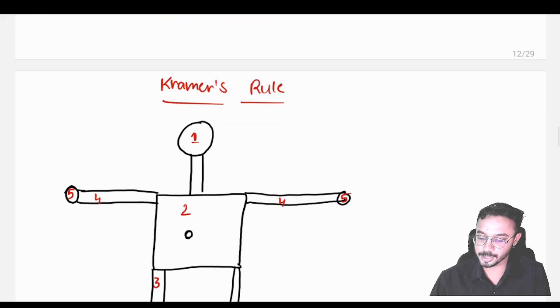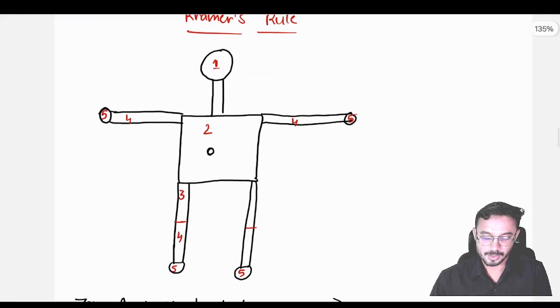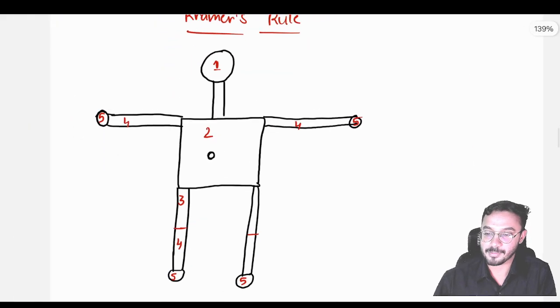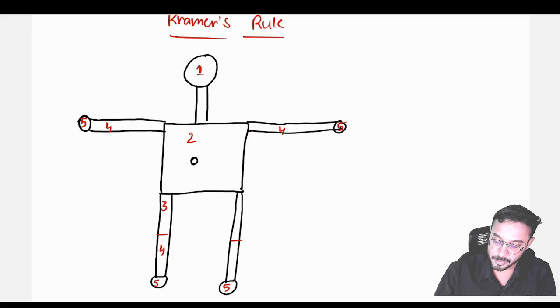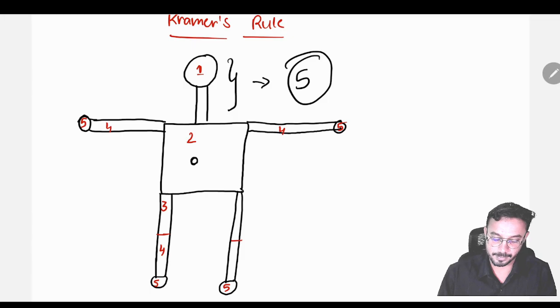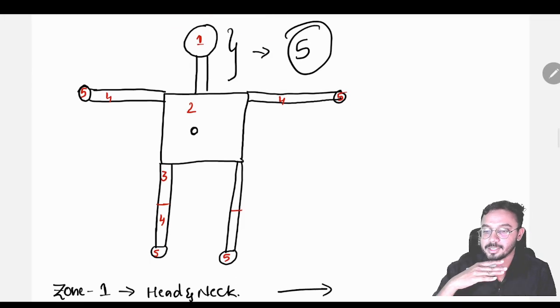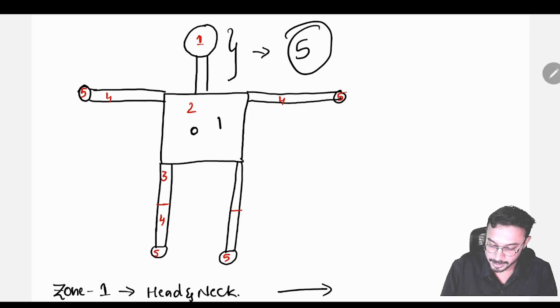And Kramer's rule is used. Very important, Kramer's rule has been asked for neonatal jaundice. In this, zone 1 is nothing but head and neck, and the bilirubin value is 5. Zone 2 is from the chest to the upper part of the abdomen, and the value over here is 10.